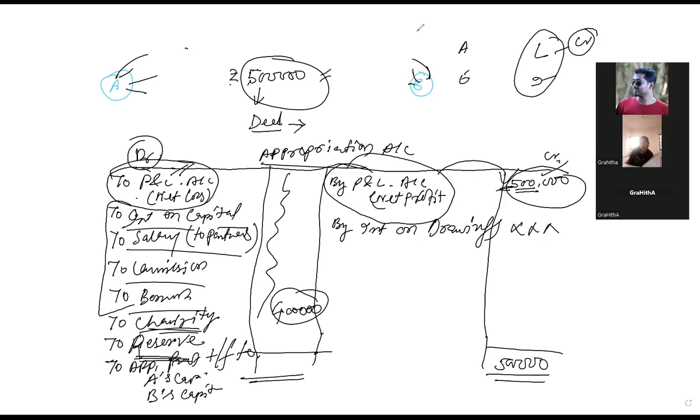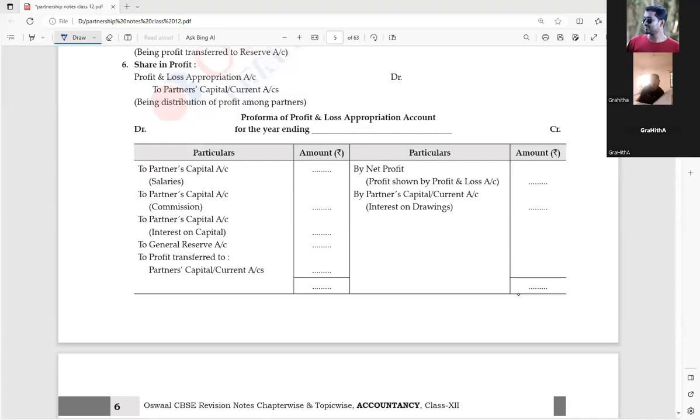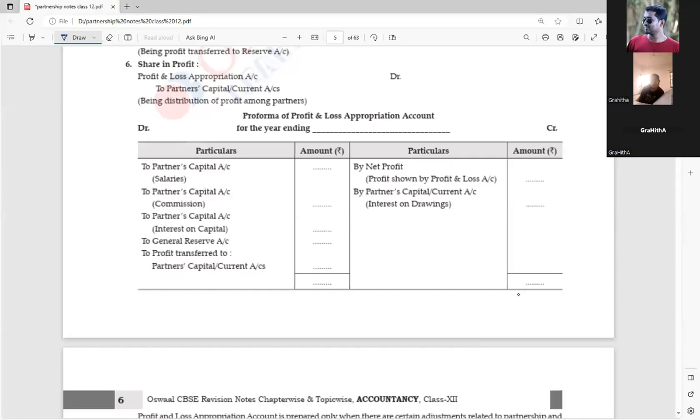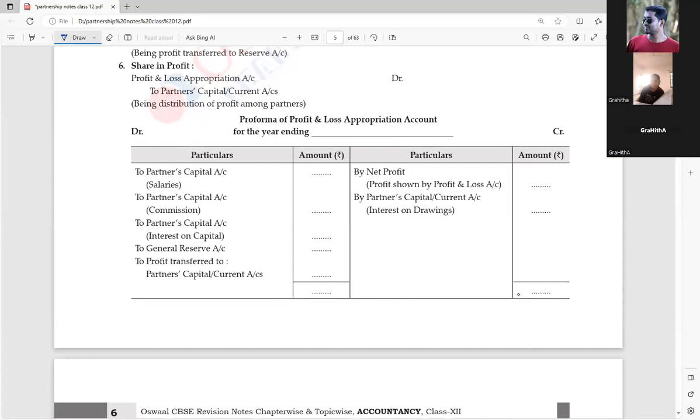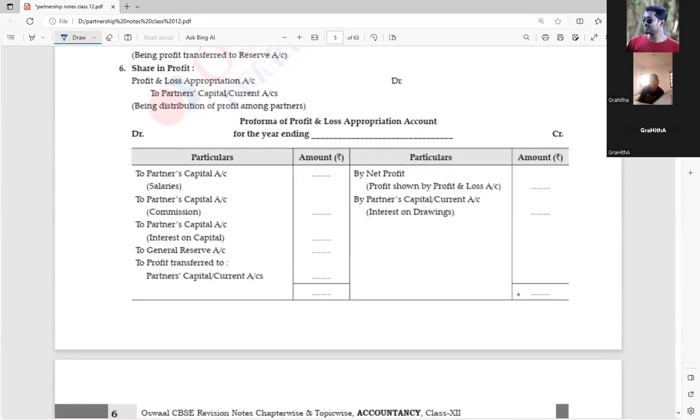Now we are going to see our book. See that partners capital is written in the form of salary. Only partners capital is written, but remember that all of this goes to partners capital. That's why it is written partners capital.